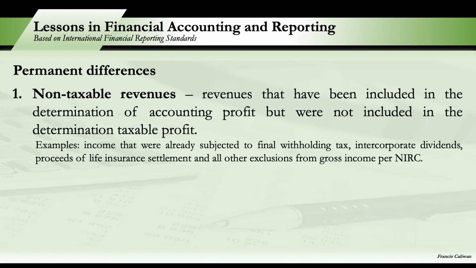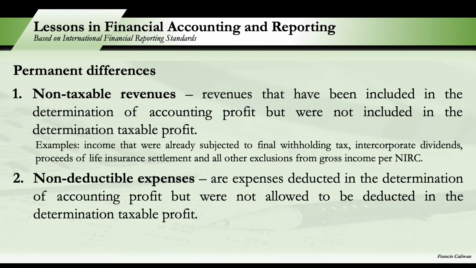Examples of these incomes are interest from bank deposits, winnings, or prizes. When we receive those incomes, they are already subjected to final withholding taxes. We also have intercorporate dividends, proceeds of life insurance settlement, and all other exclusions from gross income per our revenue code.